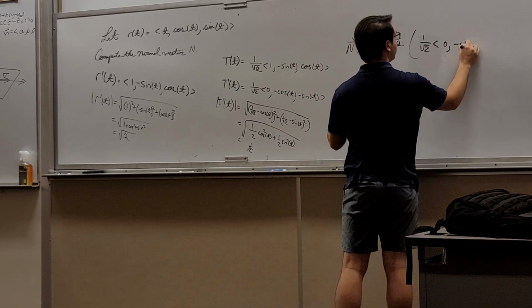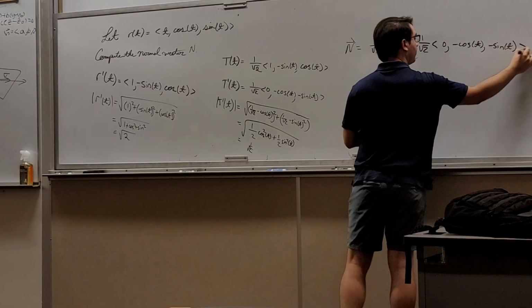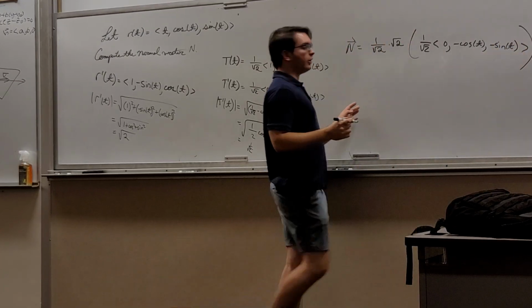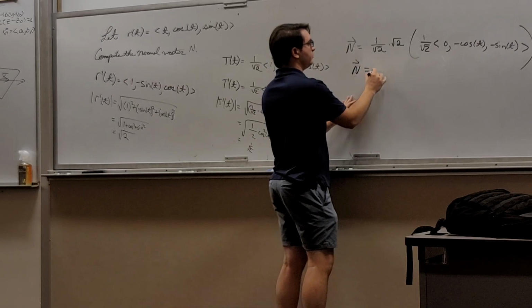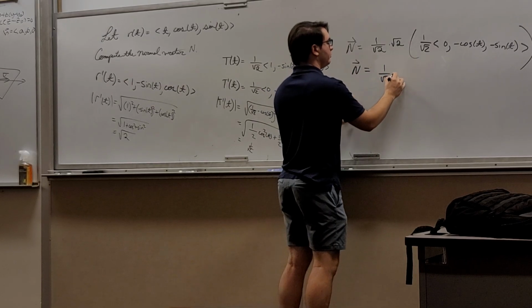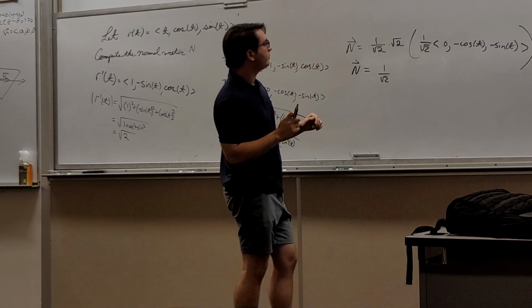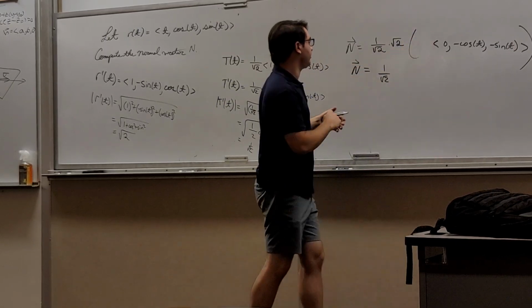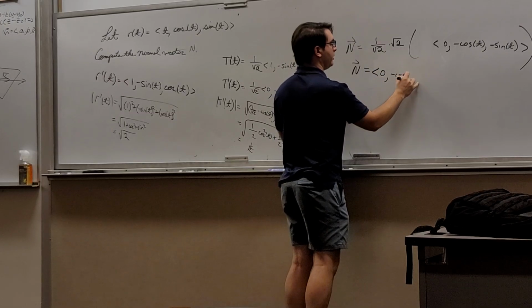Zero, negative cosine of t. Wait, what happened? Why is there... That's not right. Zero, negative cosine.